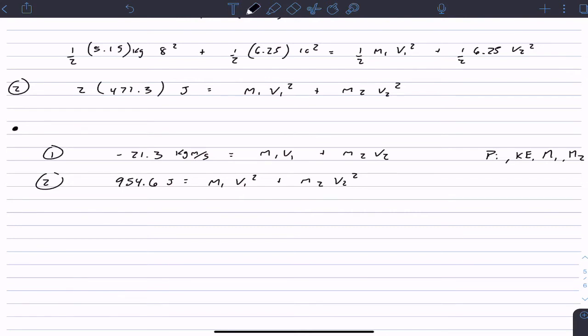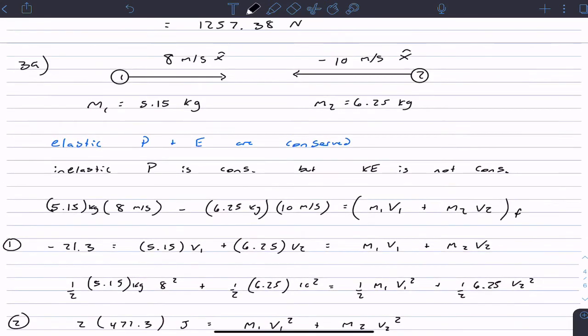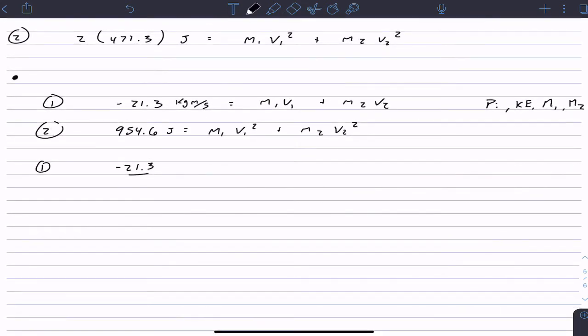I'm going to simplify things a little bit further. I'm going to take negative 21.3 over M1, 5.15 kilograms, and that's going to equal V1 plus M2 over M1 times V2.